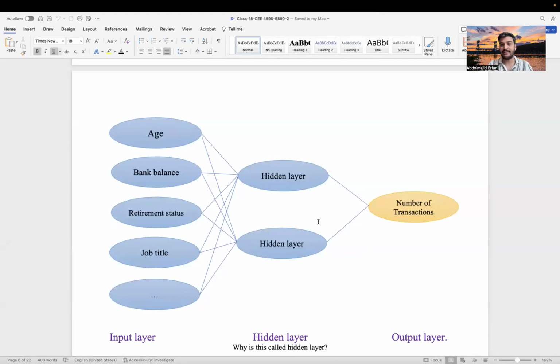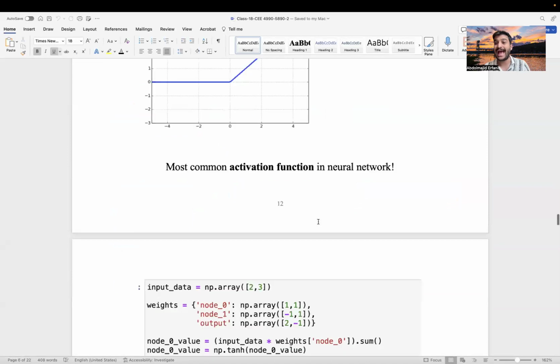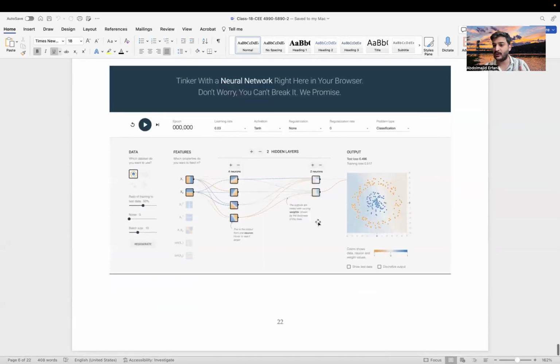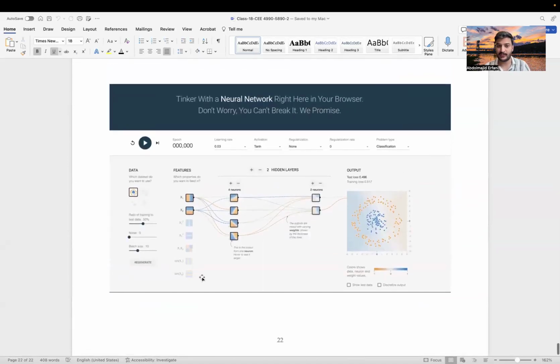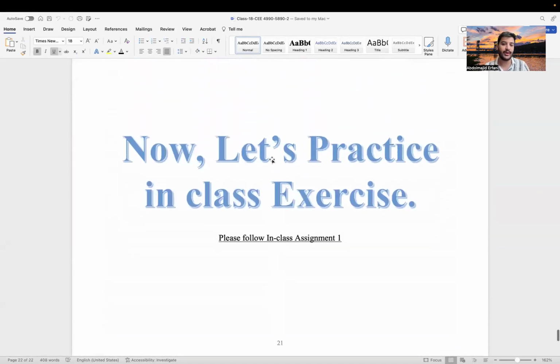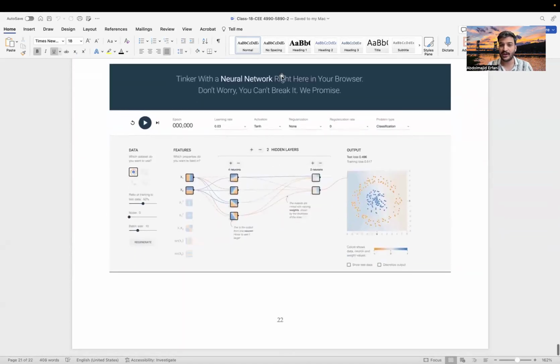And don't forget that deep neural networks and neural networks can do both classification and regression problems, similar to machine learning problems. I now ask you to go ahead and do the in-class assignment 1 using this neural network playground to get some insights that we will use in the following video.